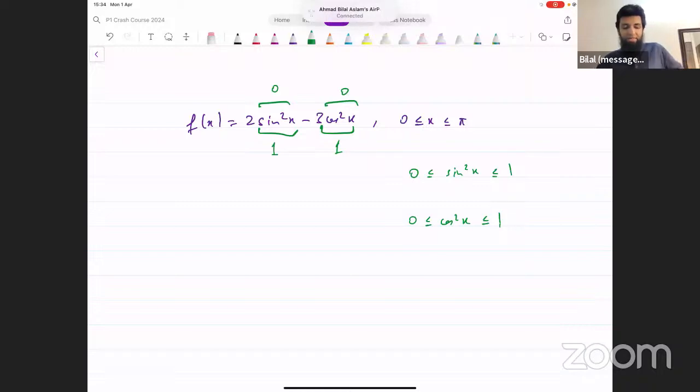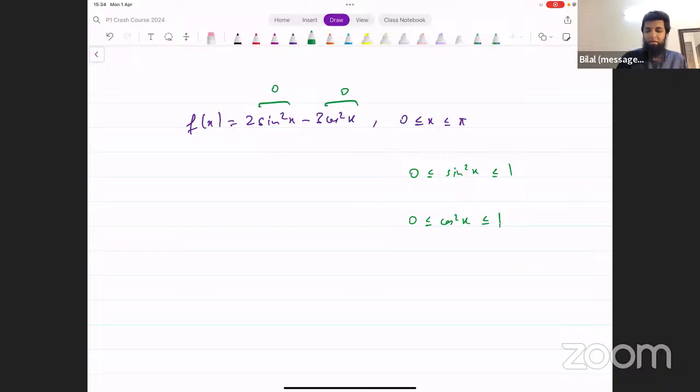That's very good. So basically, if we input 0 in both of them, we are saying they become 0 at the same point. But that's not what happens. The value of sine x and cos x cannot be 0 at the same time. Similarly, they cannot both be 1 at the same point.